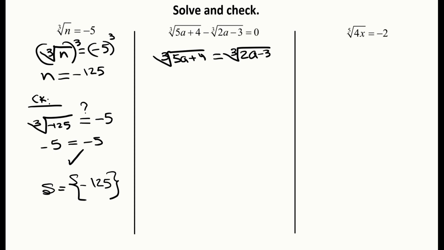Now we're ready to go ahead and cube both sides. So we end up with a nice simple linear equation. 5a plus 4 equals 2a minus 3.